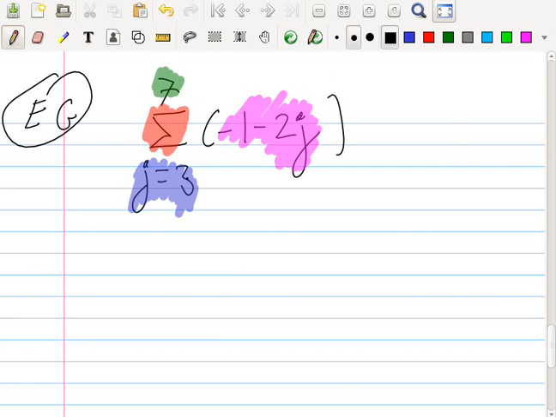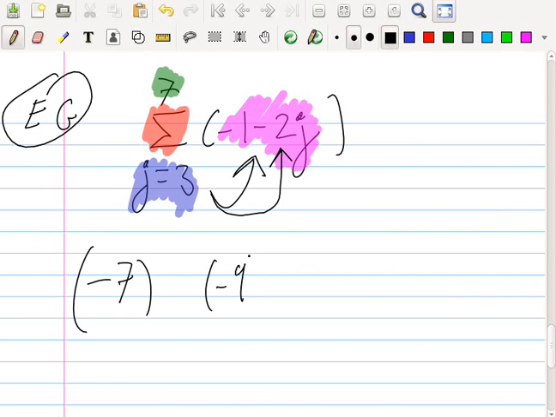So we start off by putting 3 into this. So minus 1 minus 2 times 3, what would that be? Minus 7. And then what's after 3? 4. So, minus 1 minus 2 times 4, what would that be?